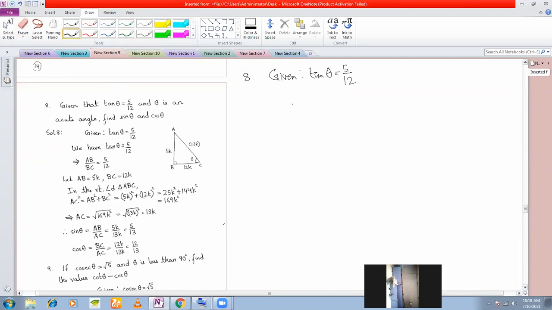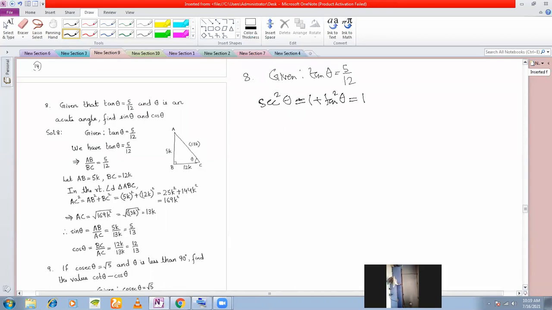Okay, tan theta is equal to 5 by 12. We want to find the values of sine theta and cos theta. In order to find sine theta and cos theta, we use these identities. So sec square theta is equal to 1 plus tan square theta. You know this, right?